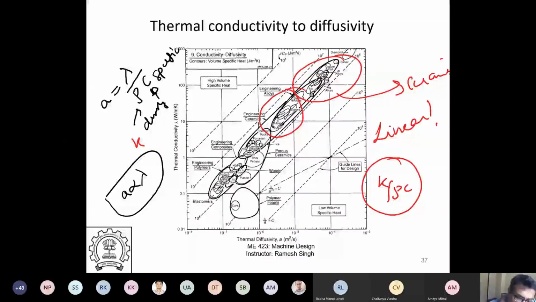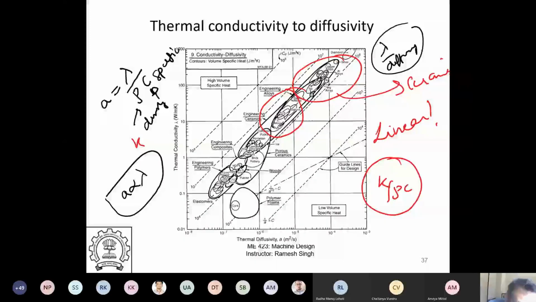But ceramics, you see, since the density is low, ceramics have this lambda over diffusivity very high, right? Because they have low thermal conductivity, but they have also low density. Oh sorry, it's wrong. These are actually metals. I should take that back.